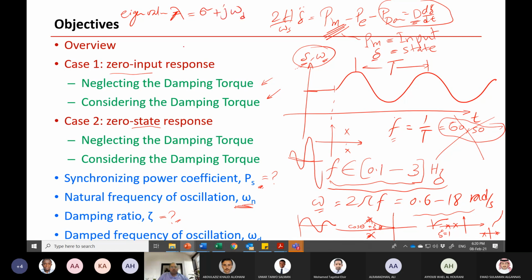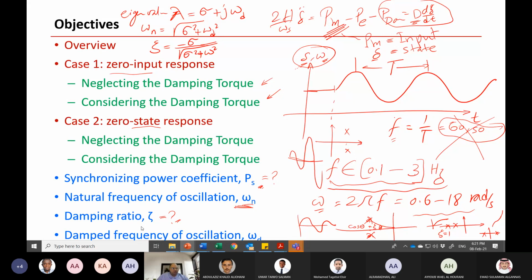This omega is called omega d. And omega n is the square root of sigma squared plus omega d squared. Zeta equals minus sigma over the square root of sigma squared plus omega squared. So this is usually the time domain characteristic of the system response. And this is definitely covered in the first course in control.